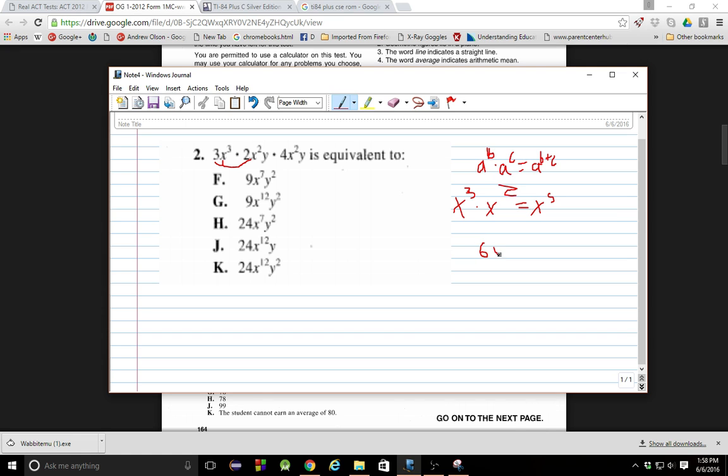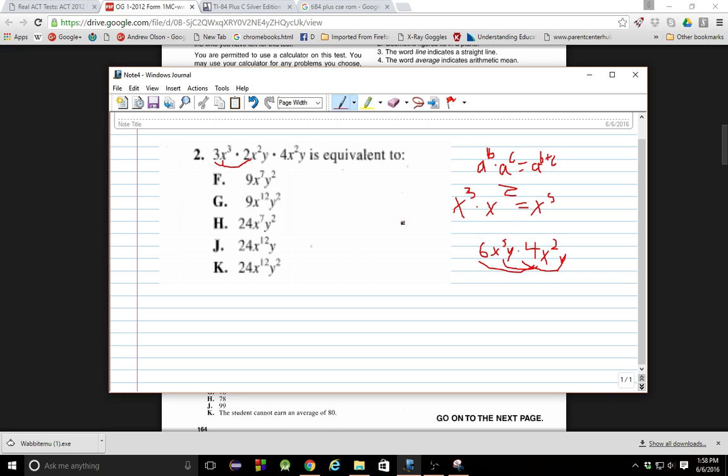Right? And then you have to multiply 6x to the power 5 y times 4x squared y. Then you multiply 6 times 4 is 24, x to the power 5 times x to the power 2, and then y times y.